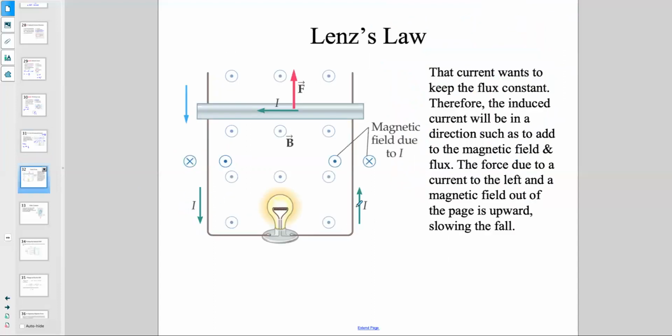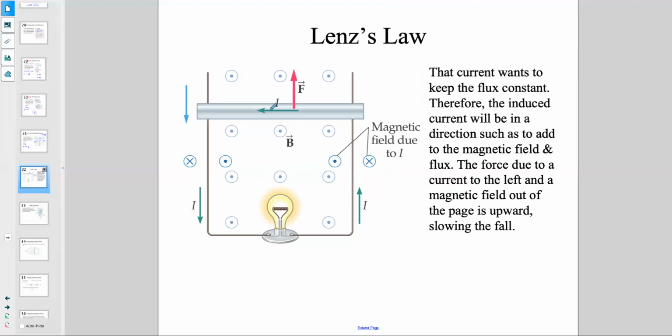So the current wants to keep the flux constant, therefore the induced current will be in a direction such as to add to the magnetic field and flux. The force due to the current to the left and to the magnetic field out of the page is upward. So you have a rod with a current to the left. Put your 4 fingers in the direction of the current.